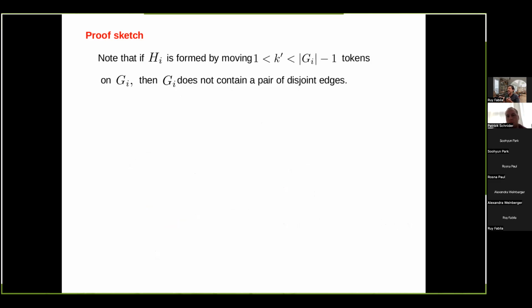It cannot be the case that the underlying graph GI has 2 disjoint edges, because if that were the case, then I can move these 2 edges and produce a larger matching. That's what I started with. Okay, so whenever you manage to show that HI is generated by moving 2 tokens, then its underlying graph cannot have 2 disjoint edges.